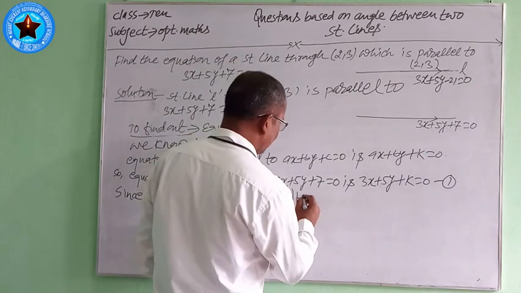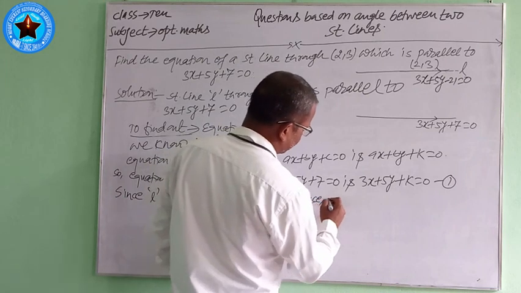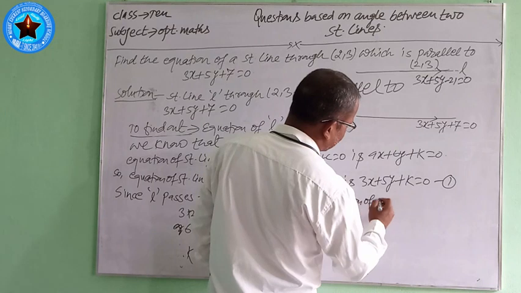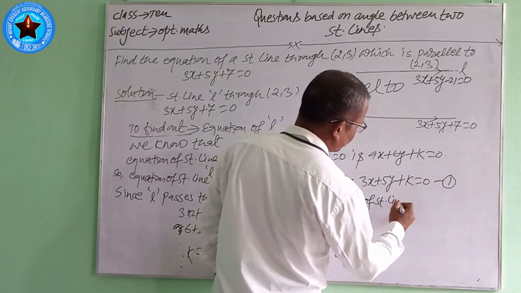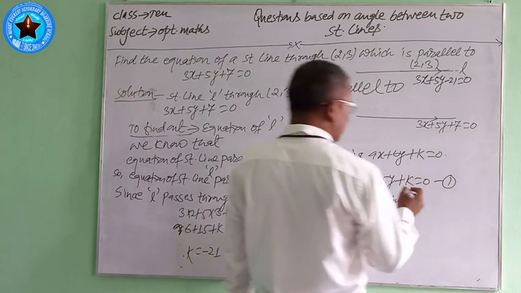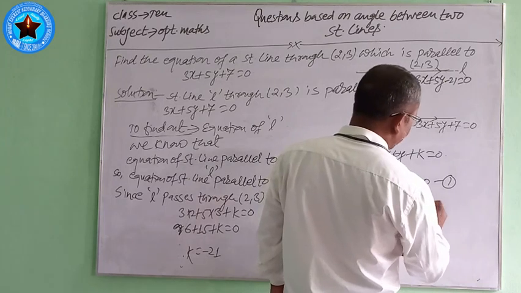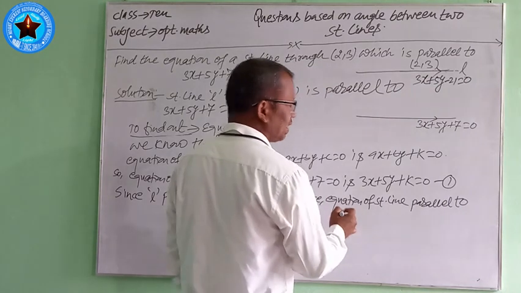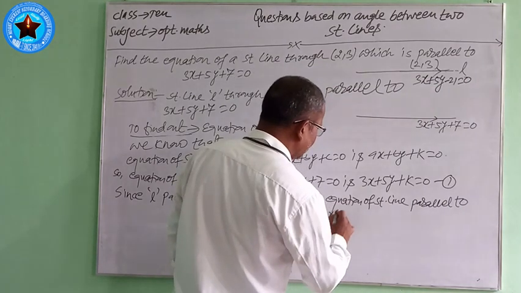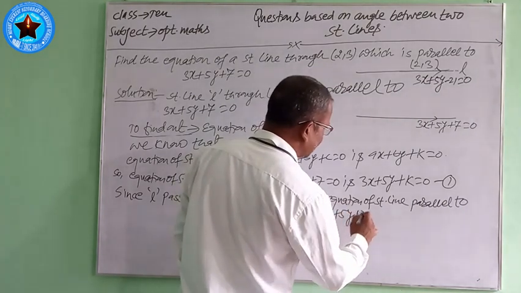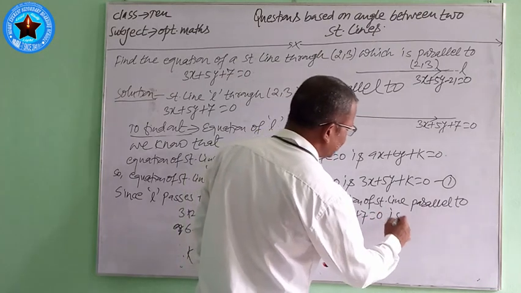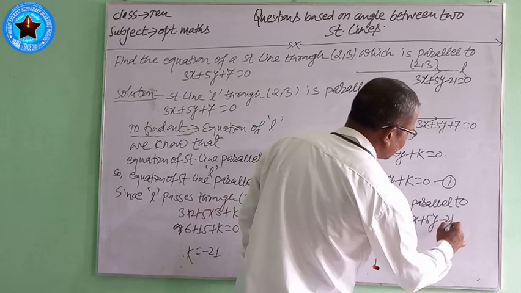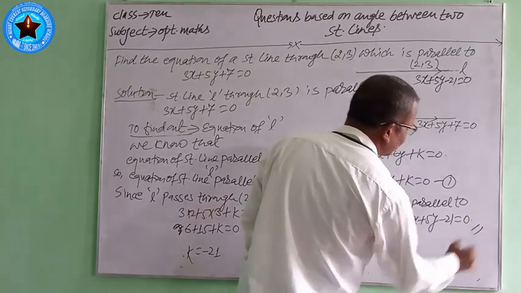Hence the equation of a straight line parallel to 3x plus 5y plus 7 equals 0 is 3x plus 5y minus 21 equals 0.